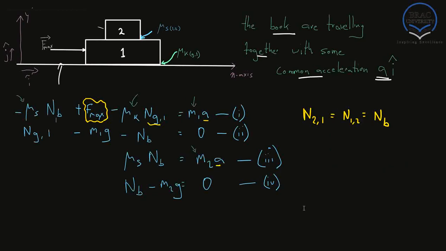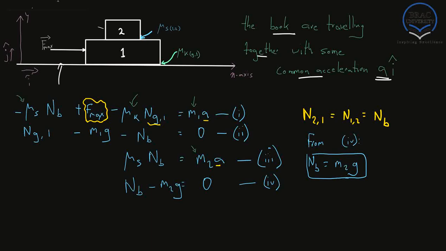So the next thing we can do is solve for nb. Let's take the 4th equation. From 4 we have nb equal to m2g. That's something we can ultimately plug into equation 1. Okay, again, from equation 3 we can find an expression for a, right?